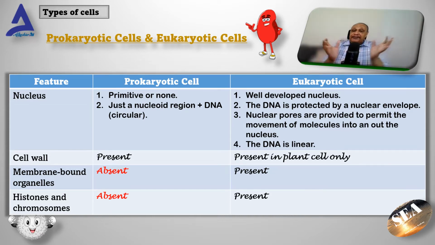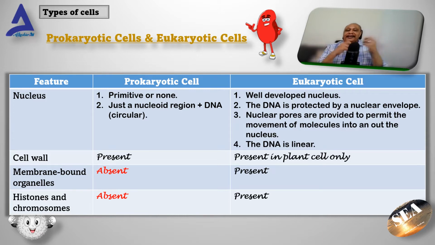That means it is protected by a sheath that harbors or limits the shape of the nucleus, and it also has nuclear pores in this nuclear envelope. By pores, I mean holes that are provided to permit the movement of substances into and out of the nucleus.